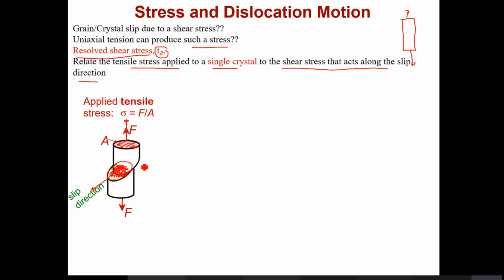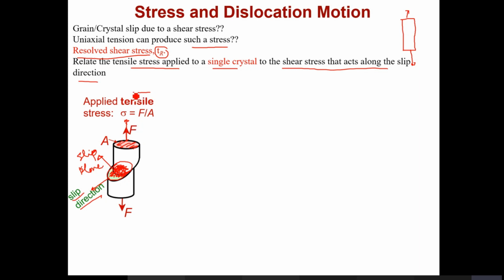In this system you have the plane, which is the slip plane. This slip plane is essentially at an angle to the force that is being applied, and on this plane there is a direction, which is the slip direction.